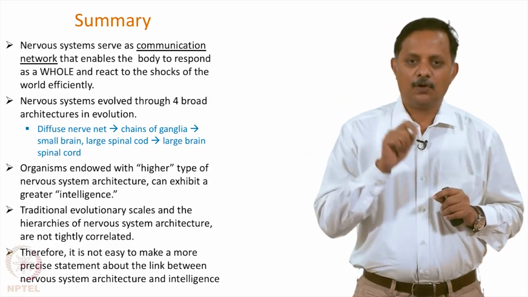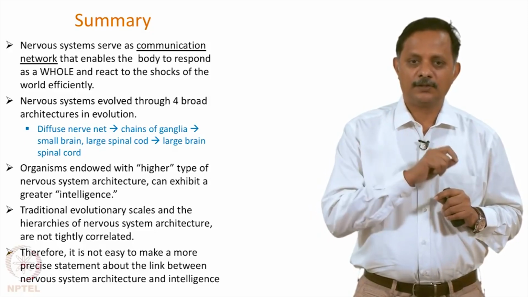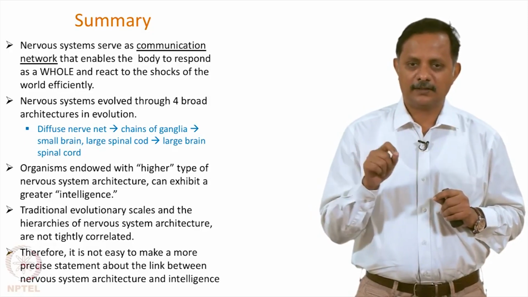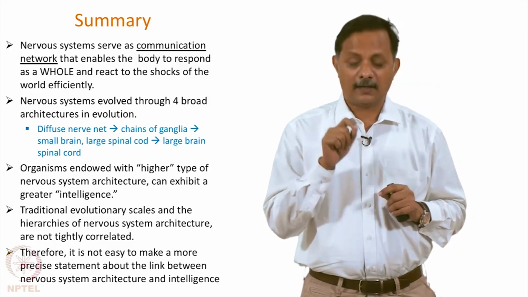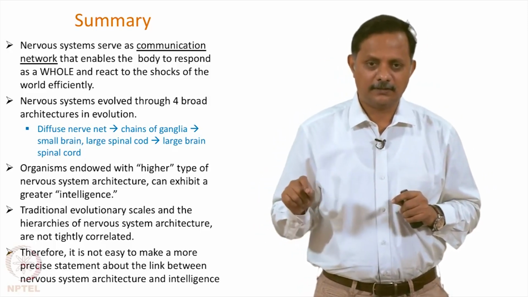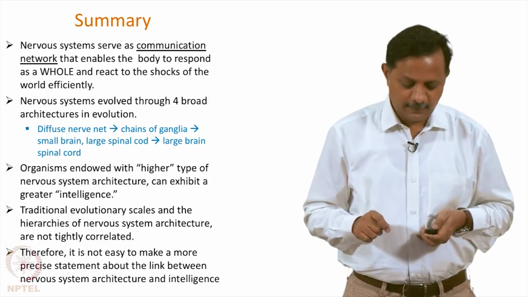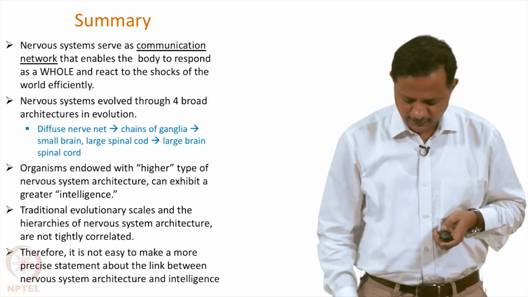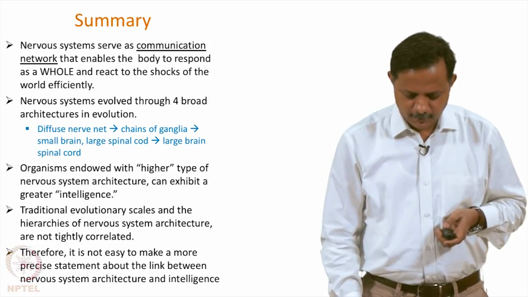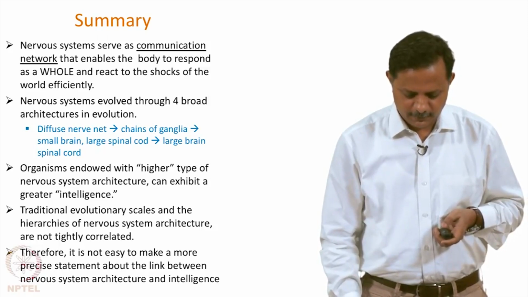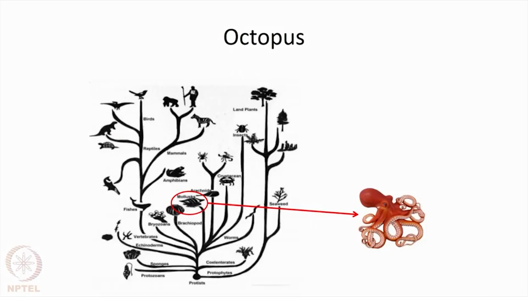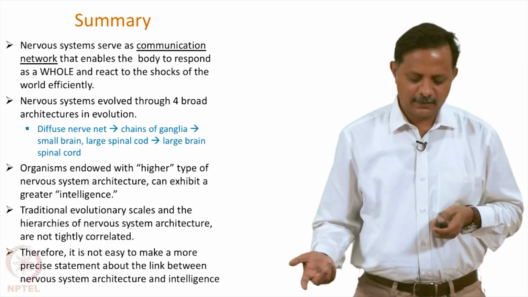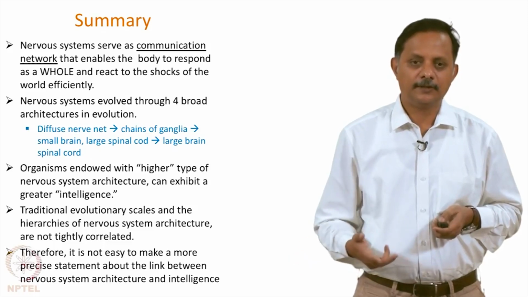So, that seems to be a more deciding factor than the simple evolutionary scale, because evolutionary scales and the hierarchies of nervous system architecture are not tightly correlated. We have seen in the evolutionary tree that an octopus, which is a mollusk, much lower than even vertebrates, can show intelligent behavior just like a fish or a bird.